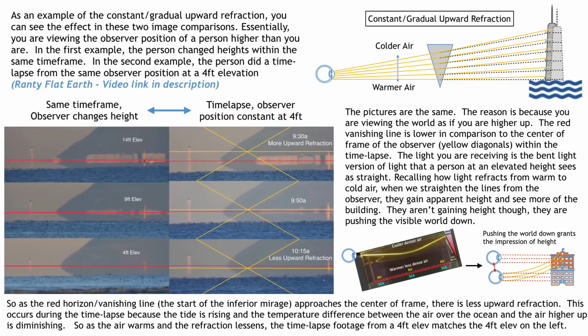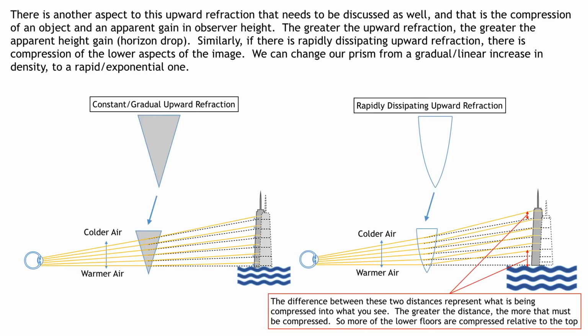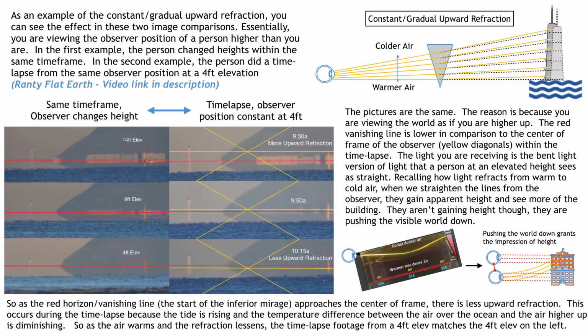So as an example of this constant gradual upward refraction, going back, this is the one on the left here, where we're kind of bringing the entire horizon down somewhat linearly. You can see the effect in these two image comparisons. Essentially, you are viewing the observer position of a person higher than you actually are when this upward refraction occurs.